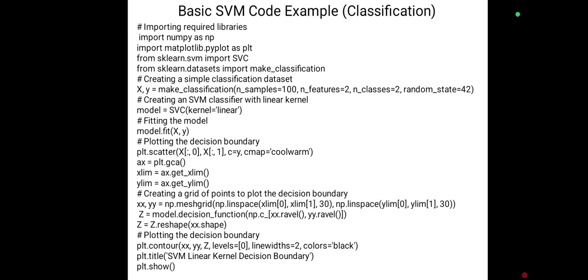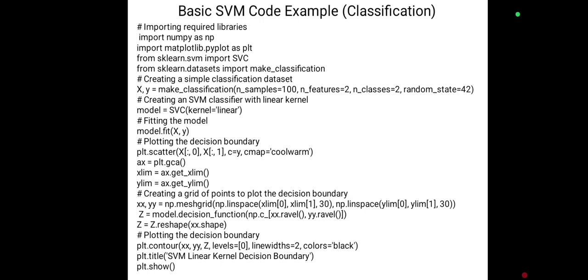First we are using NumPy for creating an array, and matplotlib for plotting the data. Then we are importing sklearn's svm, and from this we are importing SVC for implementing the SVM classifier.